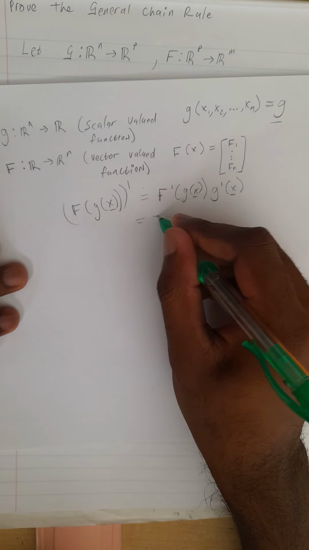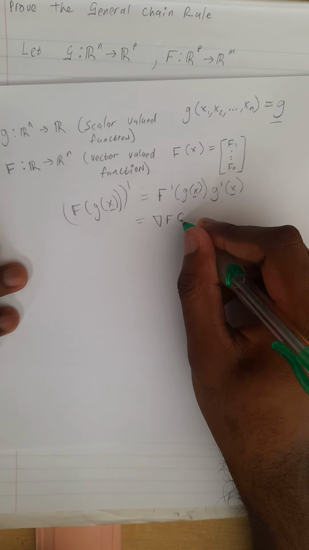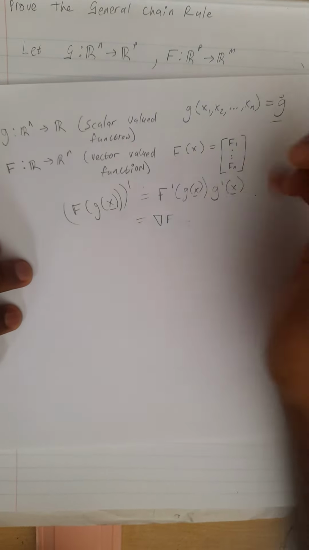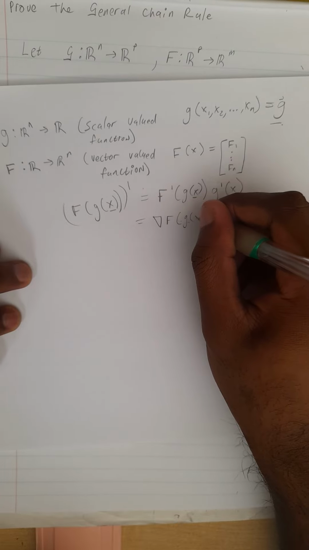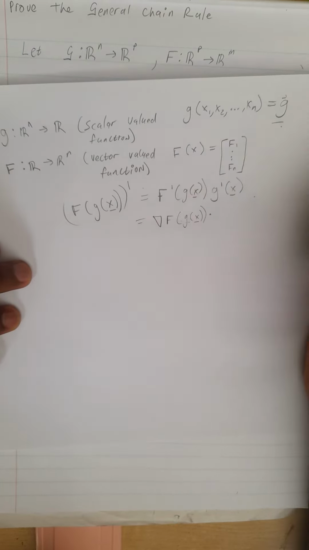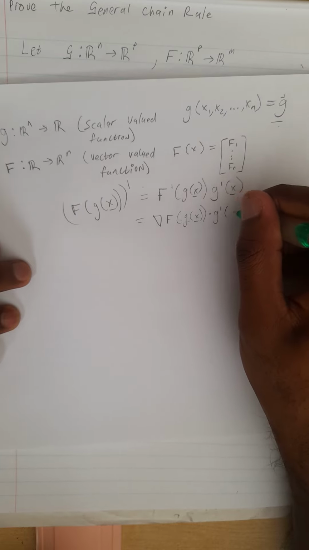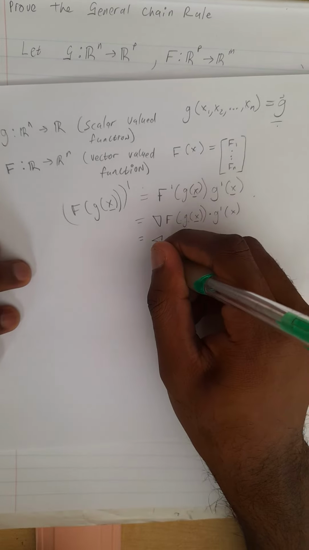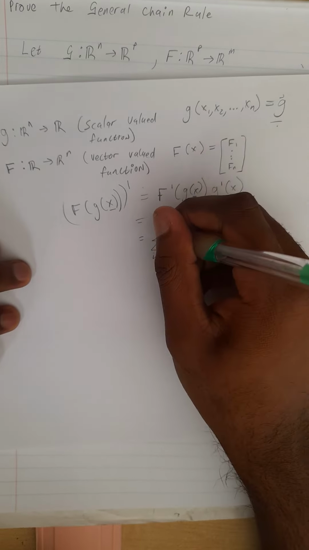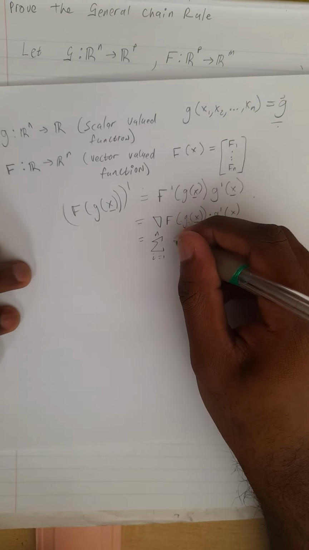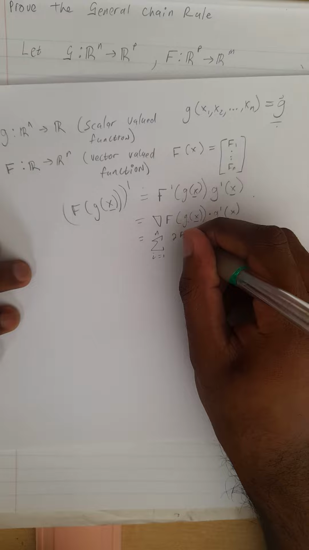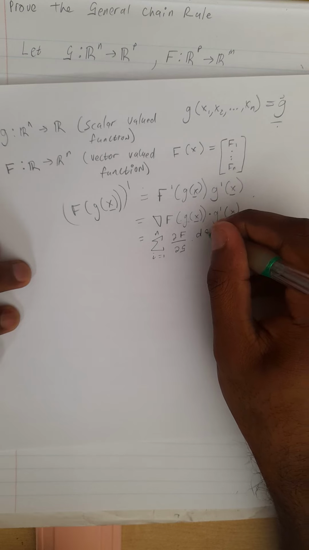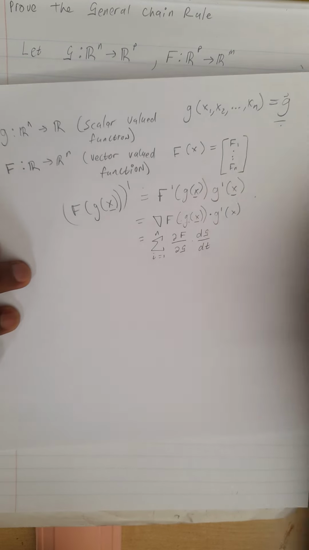And then this can be extended to taking the gradient of f at g of x, dotted with the gradient of g at x. And then this can further be extended to taking the sum from i equals 1 up until n of the partial derivative of f with respect to g_i times the derivative of g_i with respect to t.